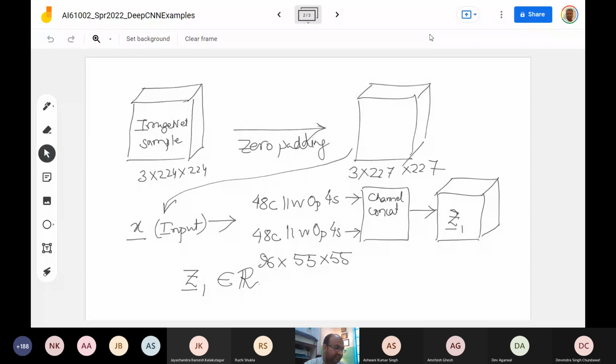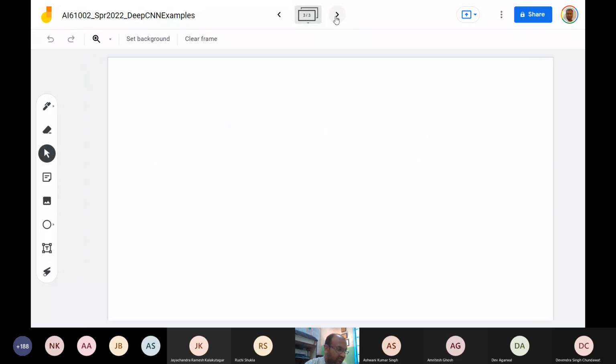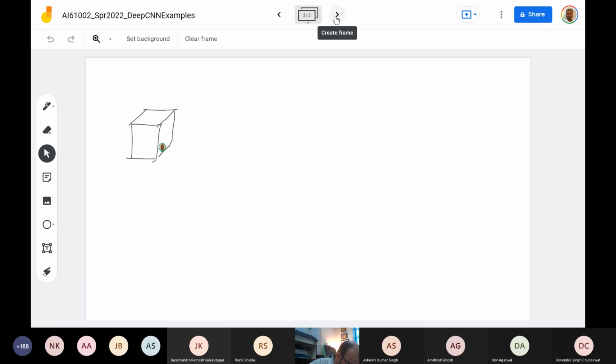Now I take this Z1 and then I have another set of convolutions. So I have my Z1, this goes into max pooling, and then I have another set of kernels. This is a max pool of window 3 and stride 2.